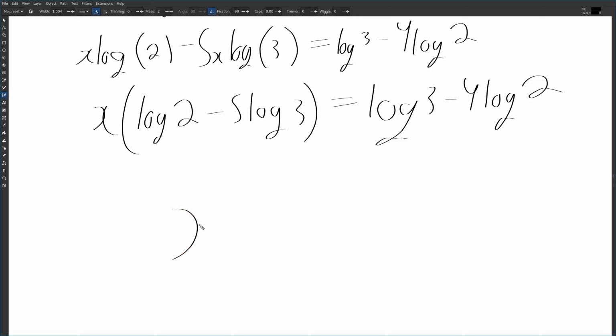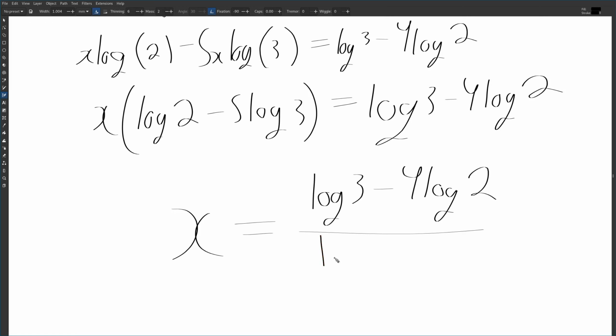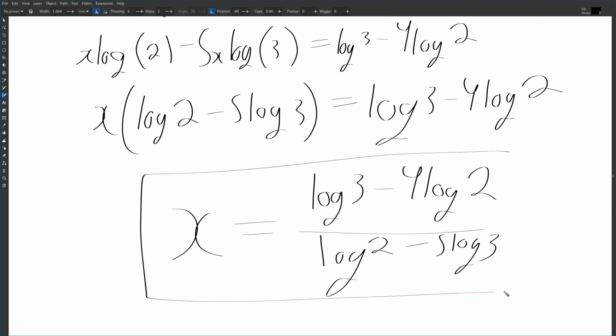So we're going to have a bit of an ugly answer, but it's the correct answer. x is equal to log 3 minus 4 log 2 divided by log 2 minus 5 log 3. If you put that into a calculator, you will get an approximate answer for x.